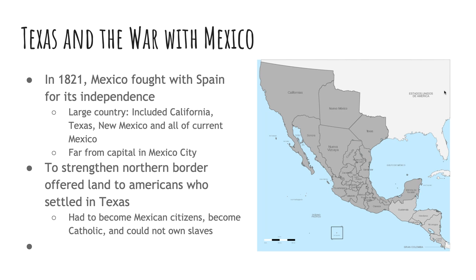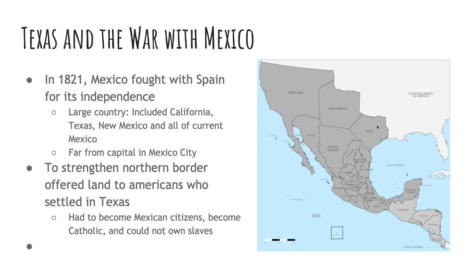So they're moving this way. And Mexico is offering Americans who settle in this area land. And basically, it was pretty cheap land, and they were offering it to Americans who wanted to move into this area. But there was a catch.